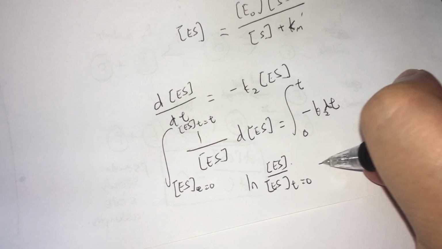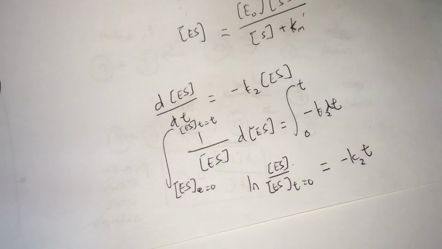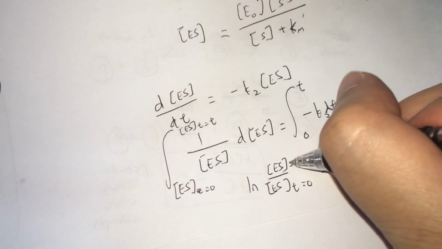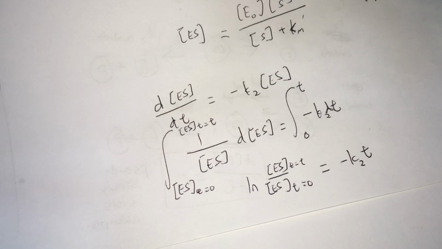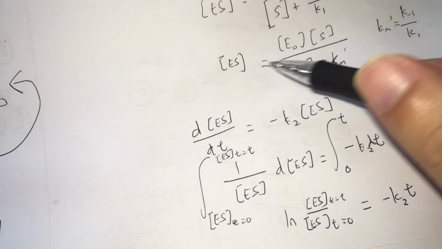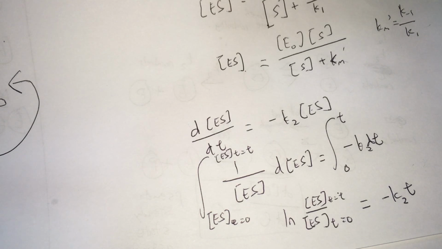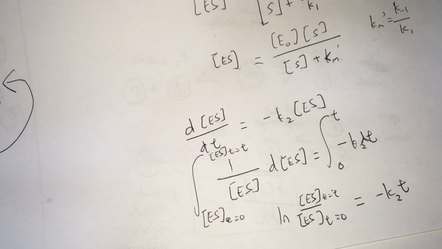This is ES at time t, this is ES at time 0. So that will be equal to minus K2 at whatever time t. Okay? Not a problem. So now let's substitute this back in here and let's see what we get.